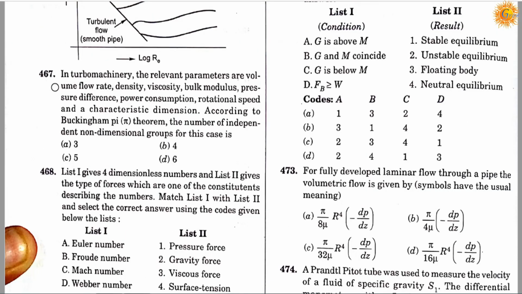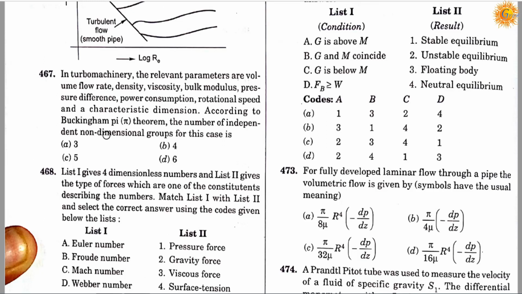Question number 467. In turbo machinery, the relevant parameters are volume flow rate, density, viscosity, bulk modulus, pressure difference, power consumption, rotational speed, and characteristic dimension.